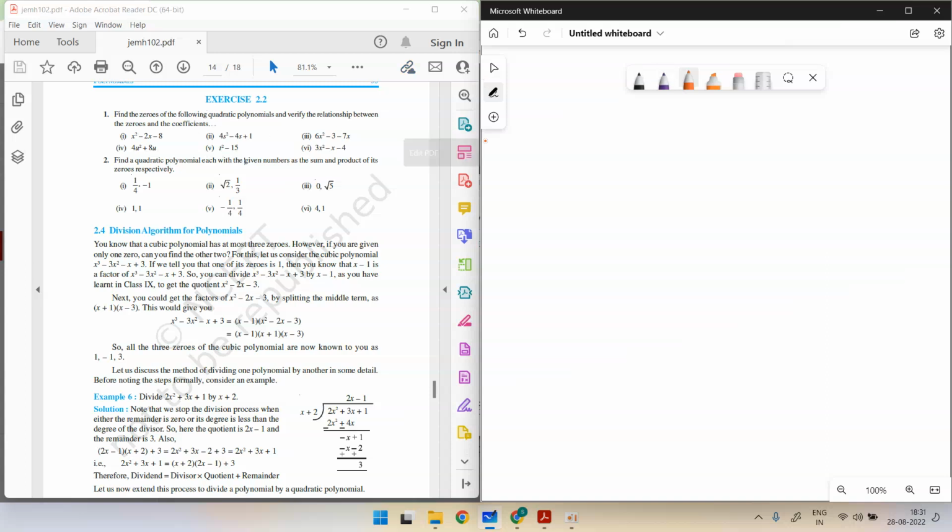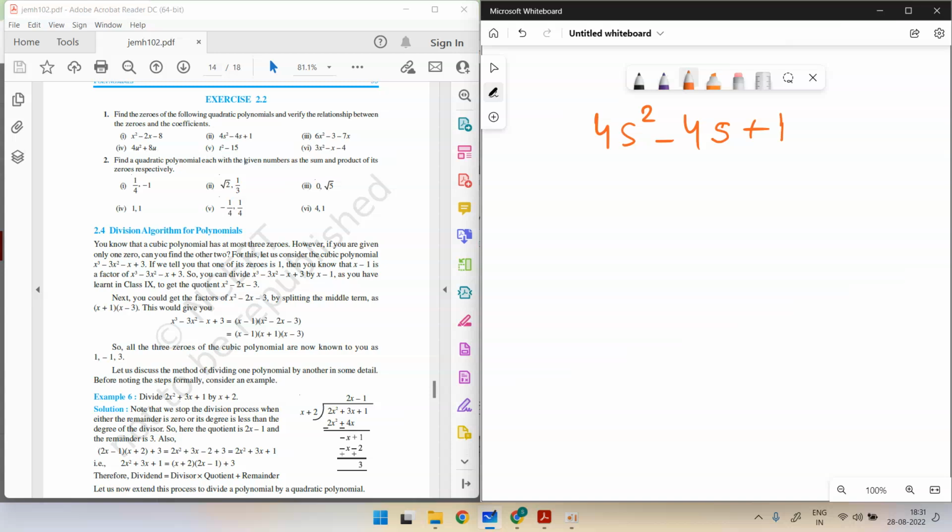The second part is 4s square minus 4s plus 1. This is not as simple as it looks.